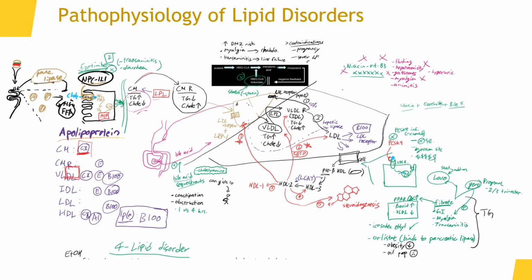Here is a comprehensive view of the lipid processing by the body, and a rather poor drawing that I have attempted. So starting from the left, when the food passes through the GI tract, the pancreatic lipase breaks the fat down into free fatty acids and glycerides.